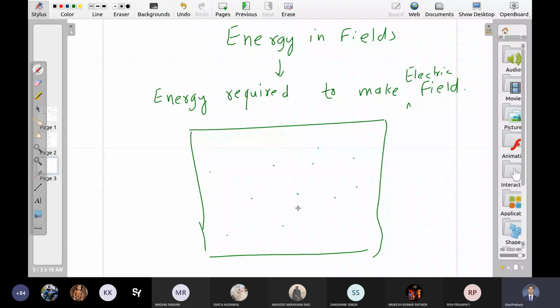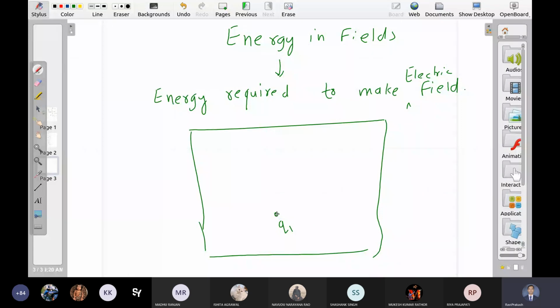No. Why? Because charges apply force on each other. So let us say we put one charge here, Q1. How much work do we have to do? Nothing. We can bring one charge anywhere. There is no force on this charge.